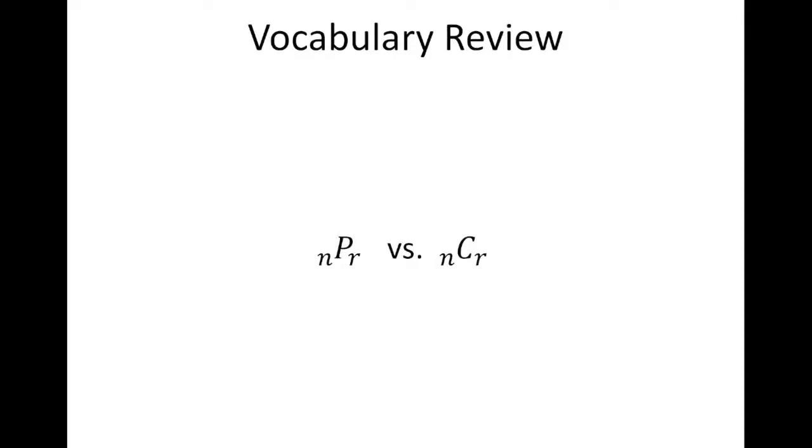So if we were counting the number of 5-card poker hands, that would be 52C5. If instead we were looking at the number of playlists we can make from a library of 100 songs, and we wanted our playlist to be, say, 10 songs long, that would be 100P10. Because there, once I have my 10 songs, if I reorder them, I would consider that a different playlist. So order is important in that situation.